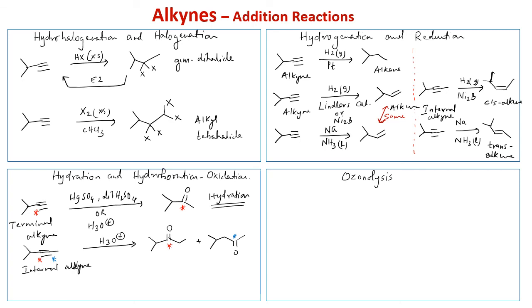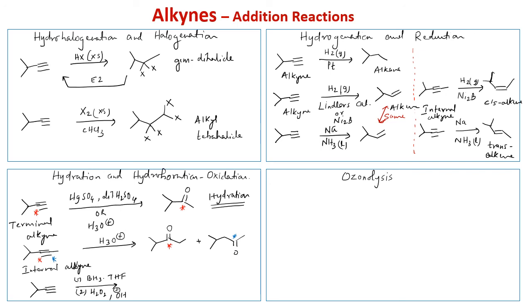Now when you do a hydroboration oxidation, and this reaction is more relevant for terminal alkynes, let's say you react with 1. BH3·THF and 2. H2O2 with hydroxide.